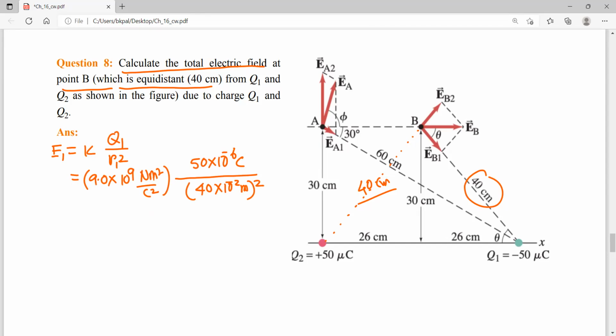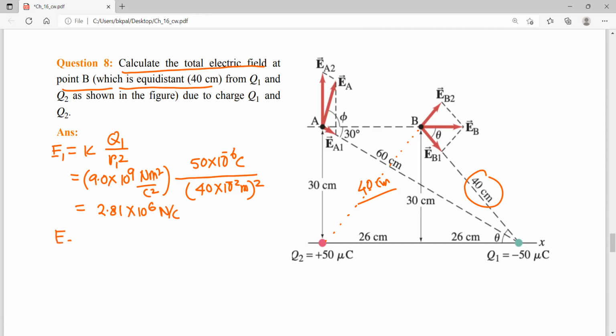Okay, so the value of E1 is 2.81 times 10 to the power 6 Newton per Coulomb.